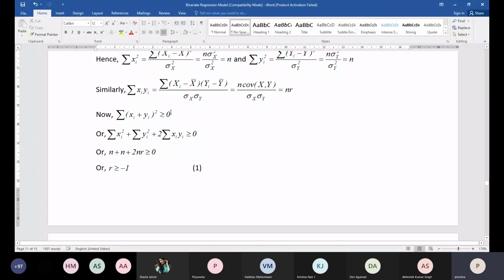Now, if we just split, then I can write it as summation of small xi square plus summation of small yi square plus 2 into summation of small xi into yi, then equal to n plus n plus 2nr greater than equal to 0, and this means r is greater than equal to -1.